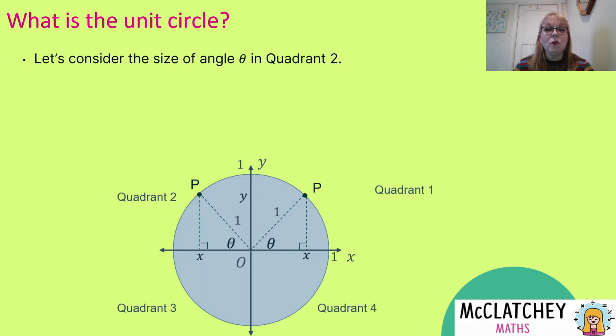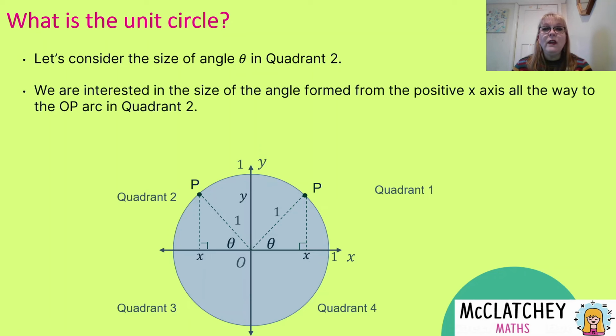So now if we think about the size of the angles, this is an important one too. We've got quadrant 2 and quadrant 1 at the moment, showing those two little right angled triangles. Let's think about the size of theta. We're interested in the size of the angle that's formed from the positive x-axis all the way to the OP arc in quadrant 2. So that's that angle in there. When we were looking in quadrant 1 only, it was acute angles only, but now we're looking at an obtuse angle.